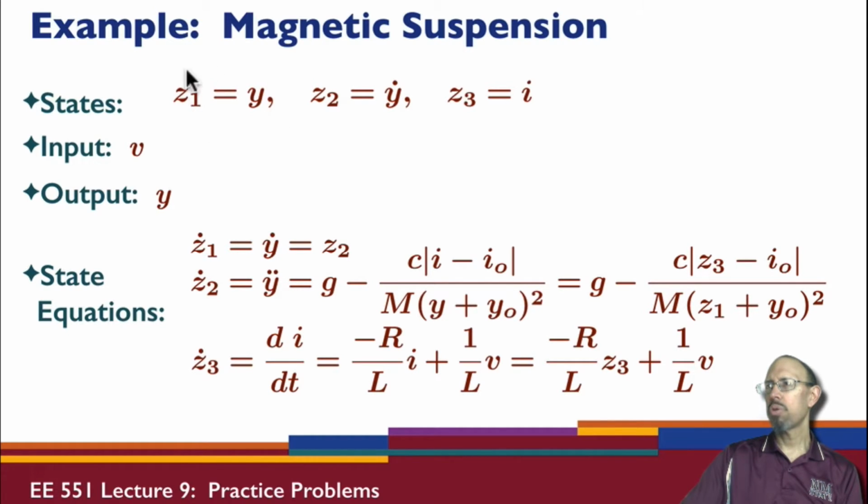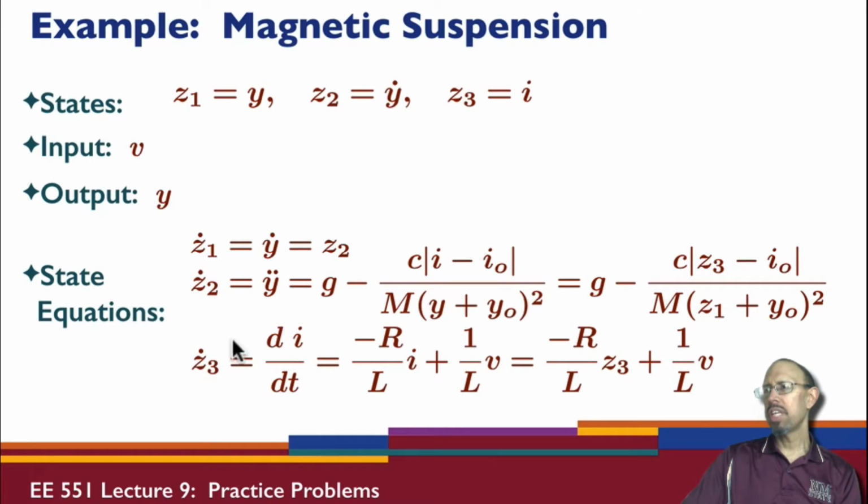If I differentiate this equation, I get this, but y dot is what we called z2. z2 dot, if we differentiate this equation, is y double dot, and going back we can show that that is equal to this quantity, where I can substitute in for i and y as z3 and z1.